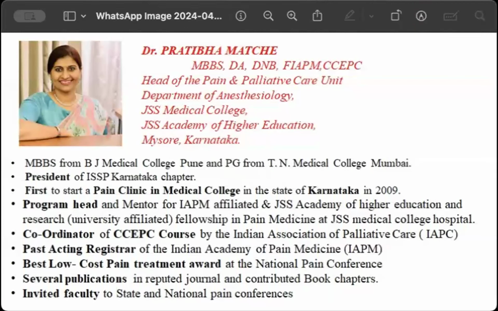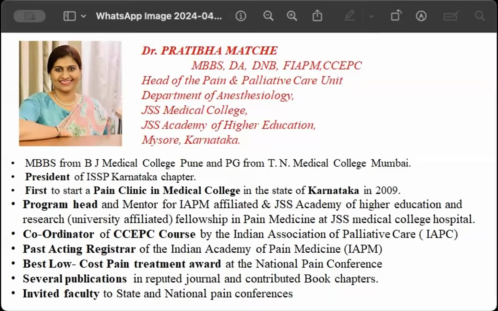So we have Dr. Pratibha Matche, madam, with us. Madam is MBBS, DA, DNB, FIAPM, and CCPC. Madam is the head of Pain and Palliative Care Unit, Department of Anesthesiology, JSS Medical College, JSS Academy of Higher Education, Mysuru, Karnataka. Madam did her MBBS from BJ Medical College, Pune, and post-graduation from TN Medical College, Mumbai.